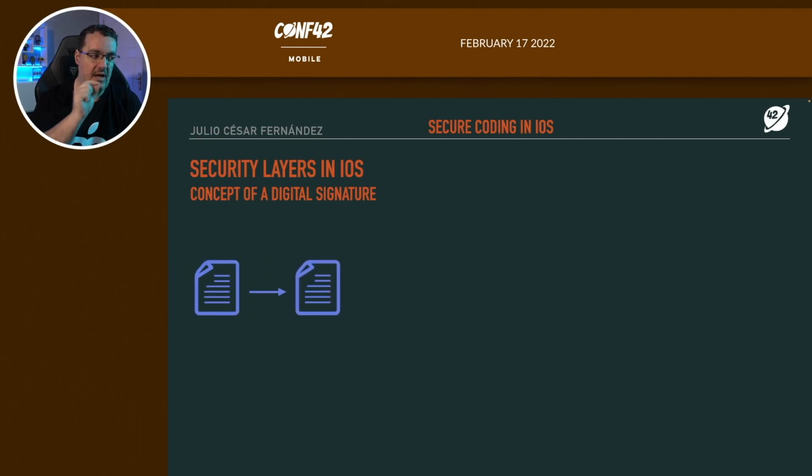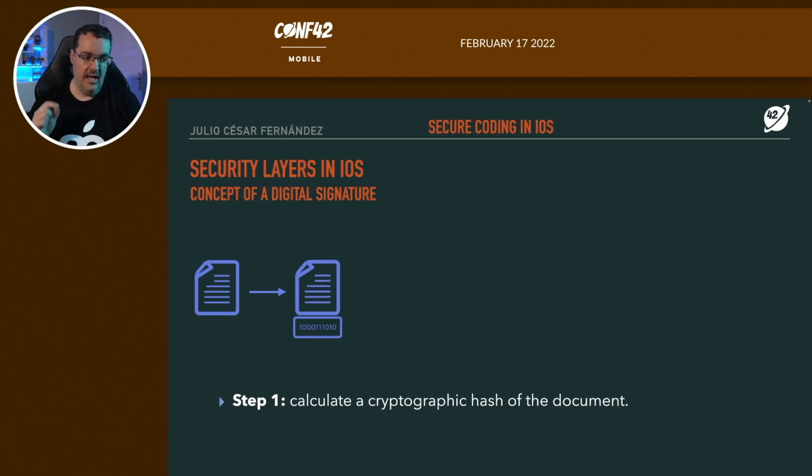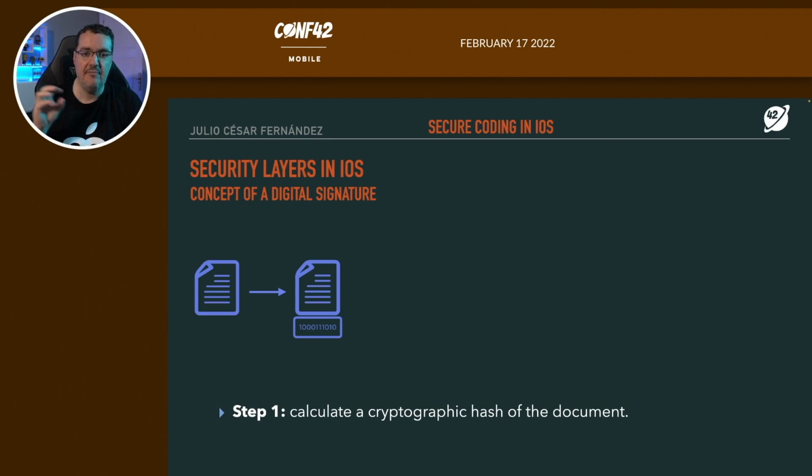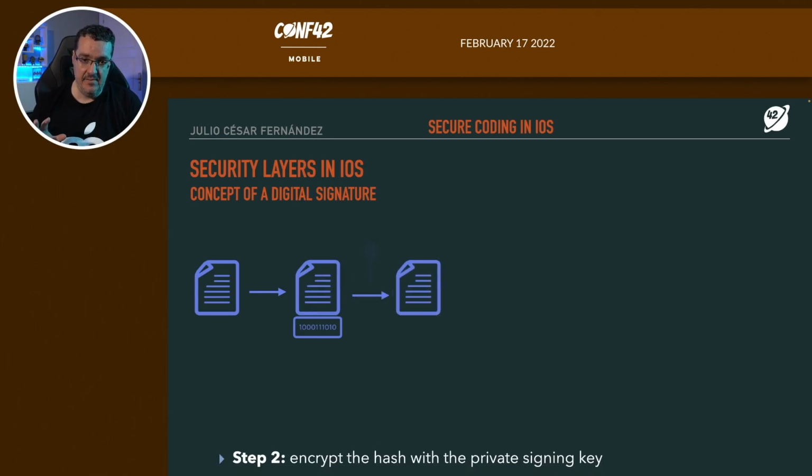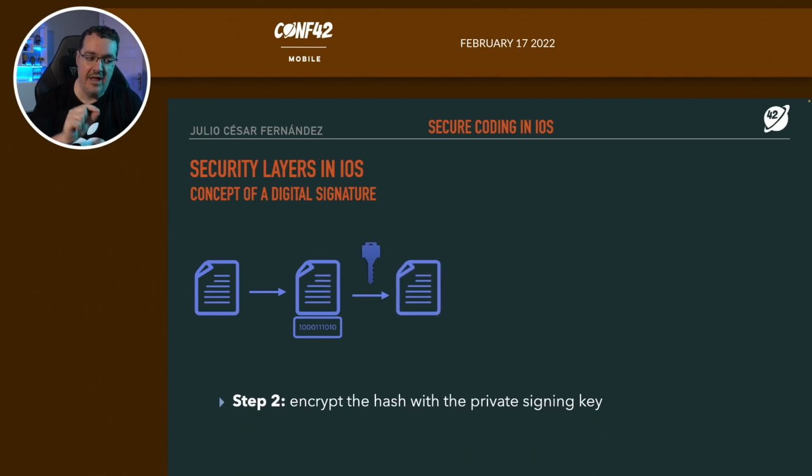First, we have a document, and then we calculate a cryptographic hash of this document, a cryptographic hash that validates its content. Okay, we have this cryptographic hash. Then we use a private signing key from a certificate. The private key is used to encrypt, and the public key is used to decrypt. It's like you have RAR or unRAR, or ZIP or unZIP.